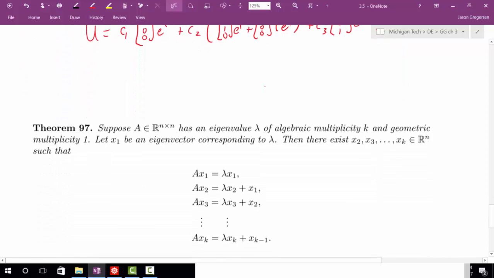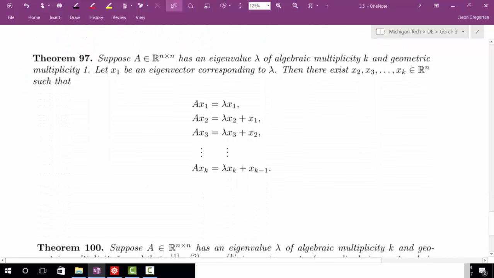Okay, the notation for the book is a little different, not really. So this is how the book will describe it when they're talking about that chain of generalized eigenvalues and vectors, right? That's not exactly what we wrote, but that's not exactly how we calculate our first eigenvector, right?